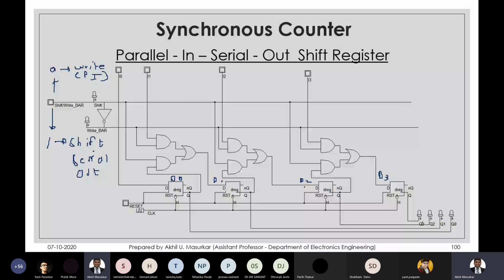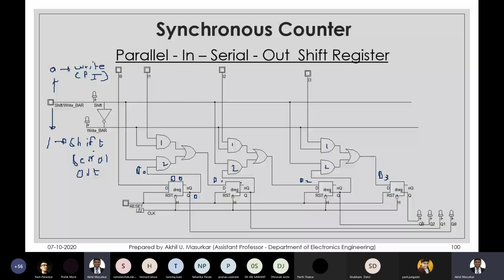You can see here, this is Q0. Q0 comes here, and if this gate, number 2, is enabled, Q0 goes to D1. So Q0 goes to D1 means the data travels from D0 to D1.